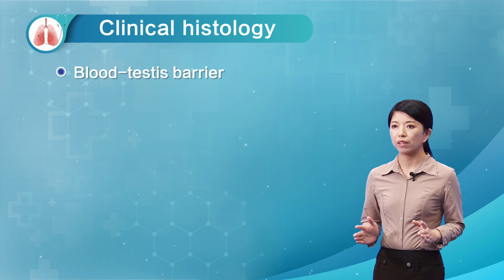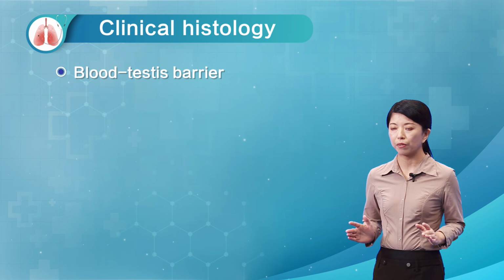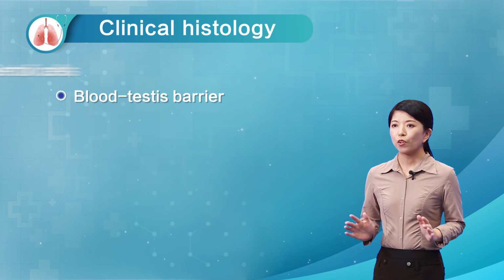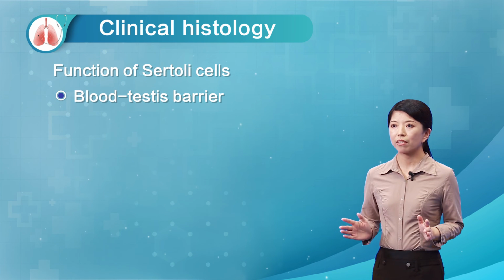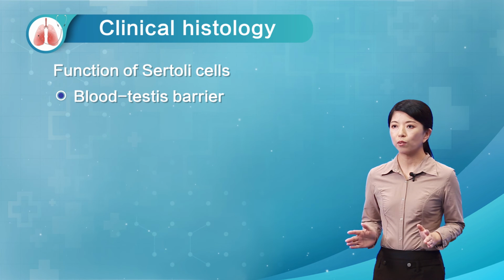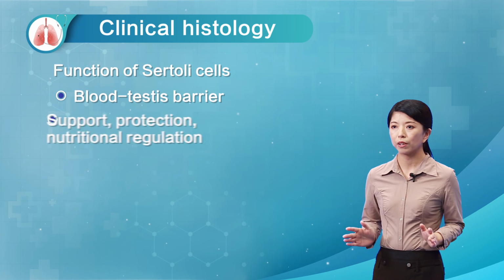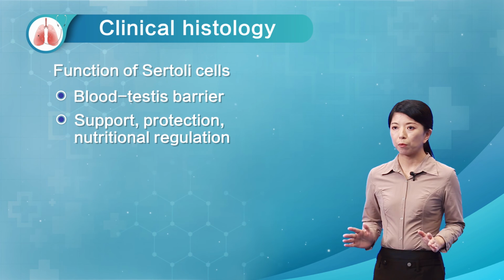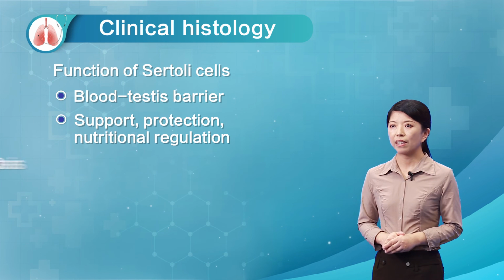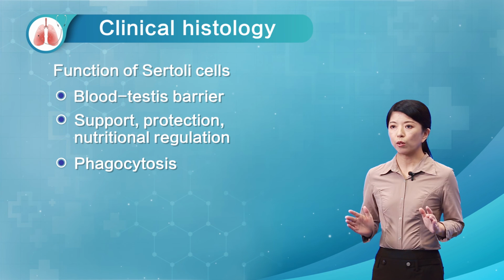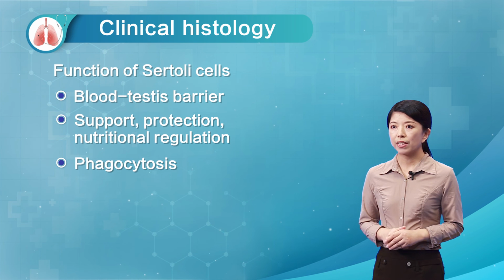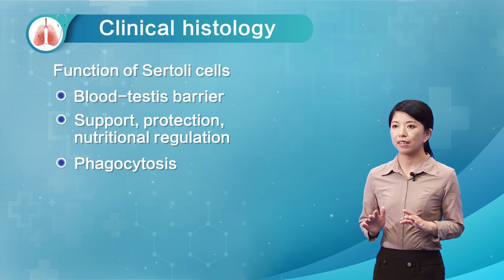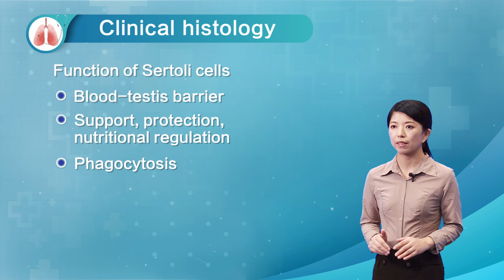Besides being involved in the formation of the blood-testis barrier, Sertoli cells also have other functions. Firstly, the cytoplasm of Sertoli cells can form a network to provide general support, protection, and nutritional supply for sperm development. Secondly, they have the function of phagocytosis. During spermatogenesis, excess spermatid cytoplasm is shed off as residual bodies.